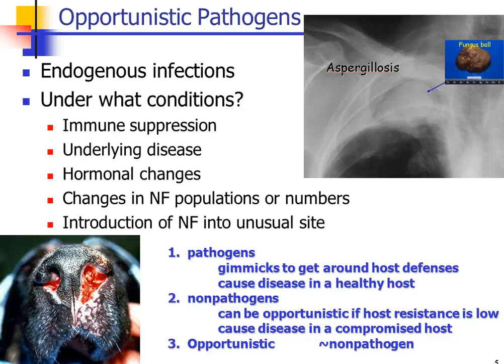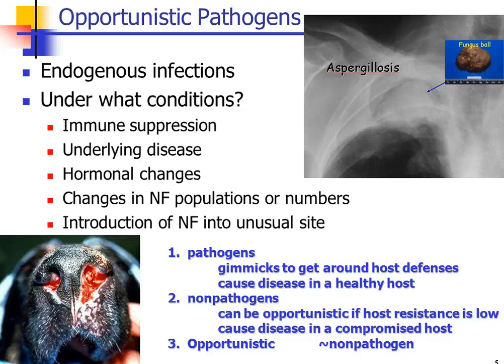Now, there are times when non-pathogens can become pathogens if the host's resistance and immune system are so low that they can't fight any type of organism. Then a non-pathogen can become a pathogen, and it's called an opportunistic organism. These organisms of your body can cause infections under lots of different circumstances. Sometimes it's just as simple as a hormonal change.